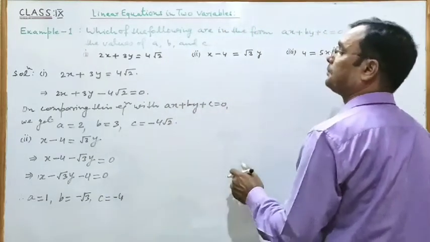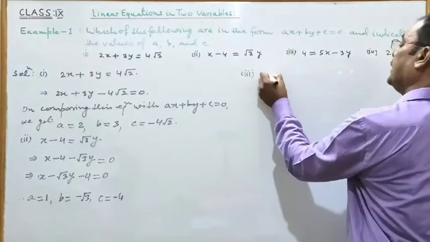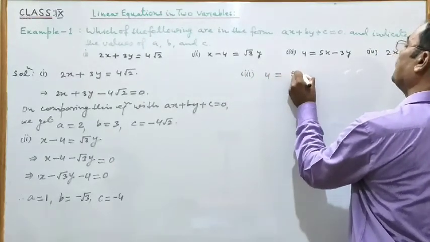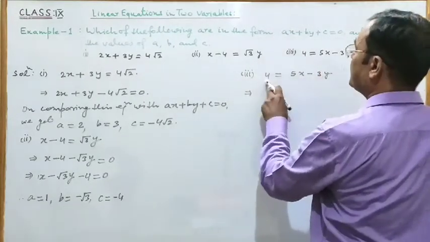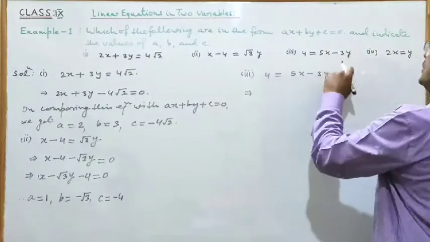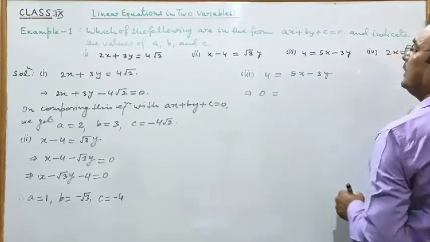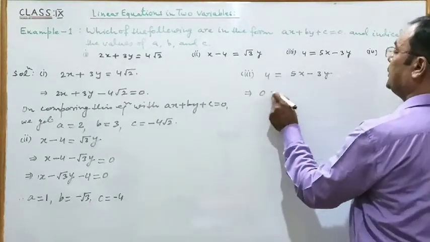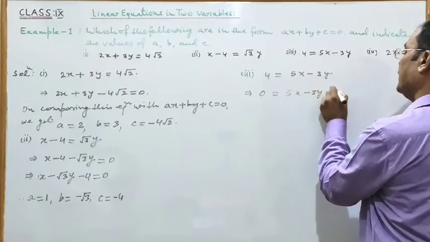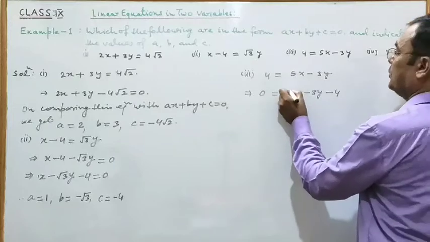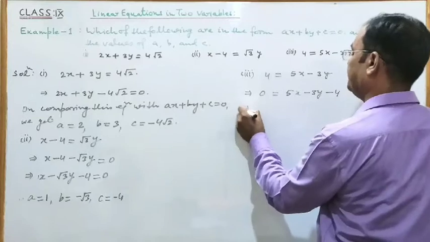Like this, the third part. In the third part we are given 4 is equal to 5x minus 3y. So transpose this 4 from left side to right side, and transposing 4 from left side to right side we have 0 is equal to 5x minus 3y minus 4. Now let us interchange the sides of the equation.